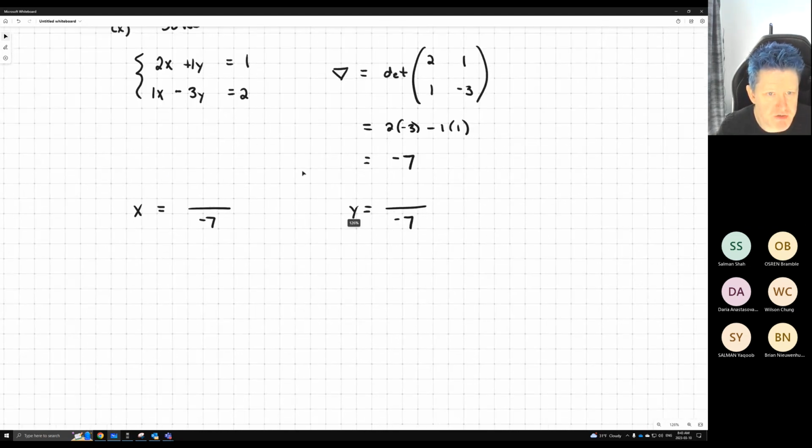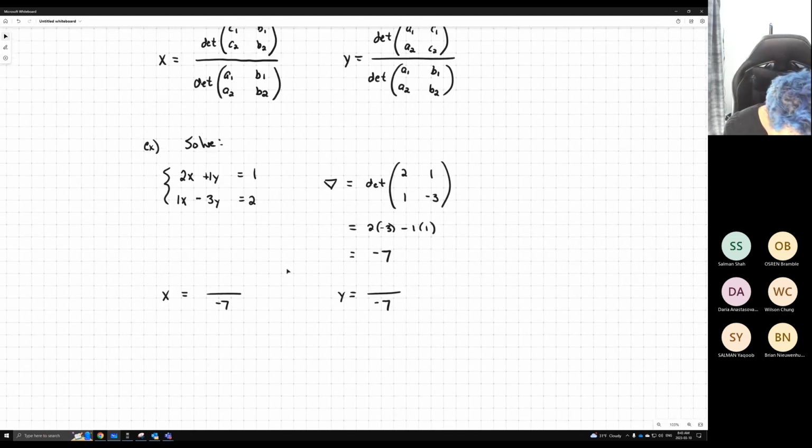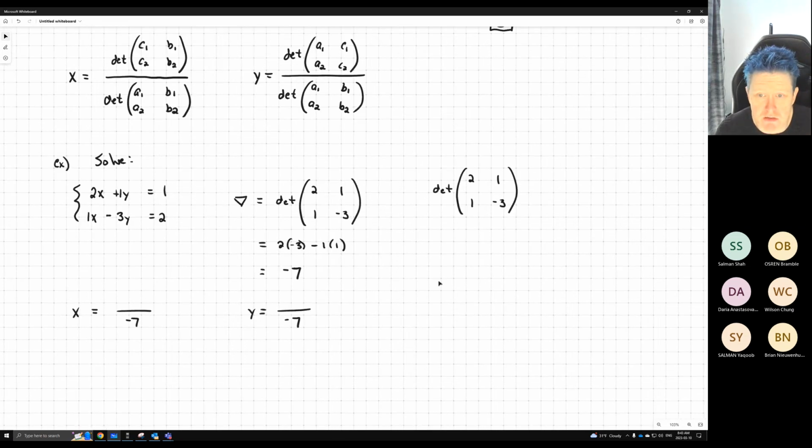So here's what I do: I copy down del, the matrix that I had over here. Actually, let's do this over on the right. So let's just copy this and paste it. There it is.